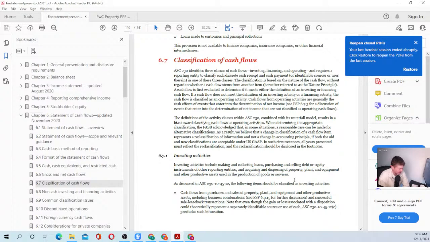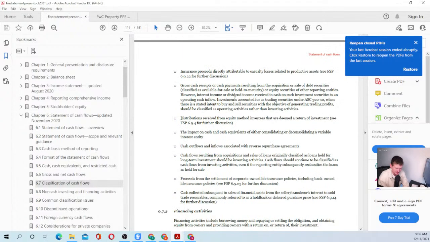And you need to remember, if you, for example, have a construction company or equipment manufacturing company which manufactures and sells some buildings or equipment, this will be your operating activity. This will not be your investing activity. Investing activity will be only assets which you use to produce your own goods or services.